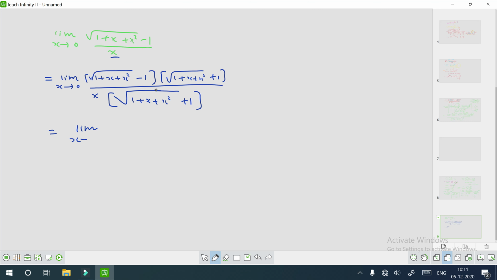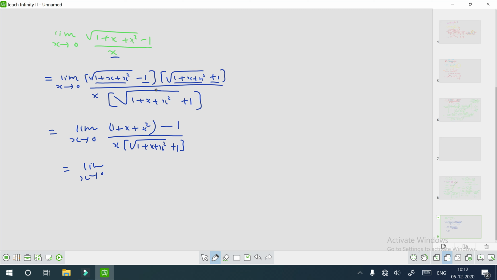That is equal to limit x tends to 0. (a minus b)(a plus b) is a square minus b square. So square root of that is equal to this thing over x into under root of 1 plus x square plus 1. So 1 gets cancelled.